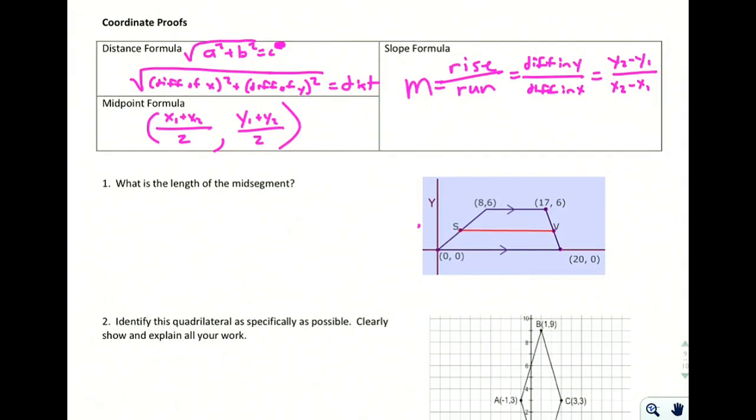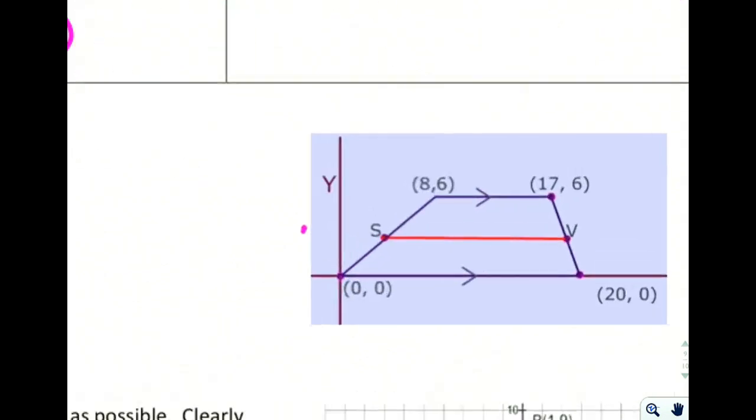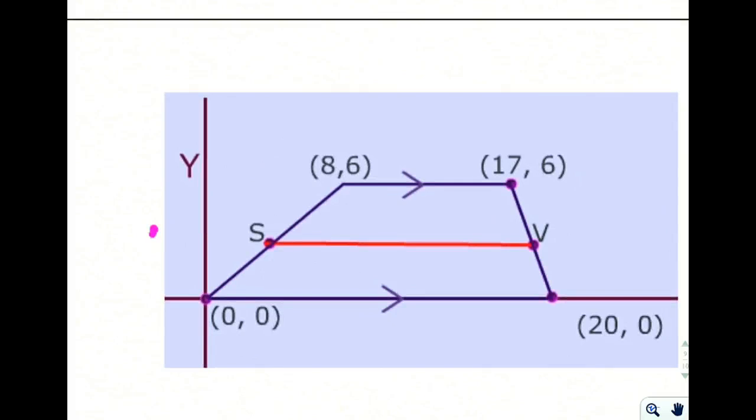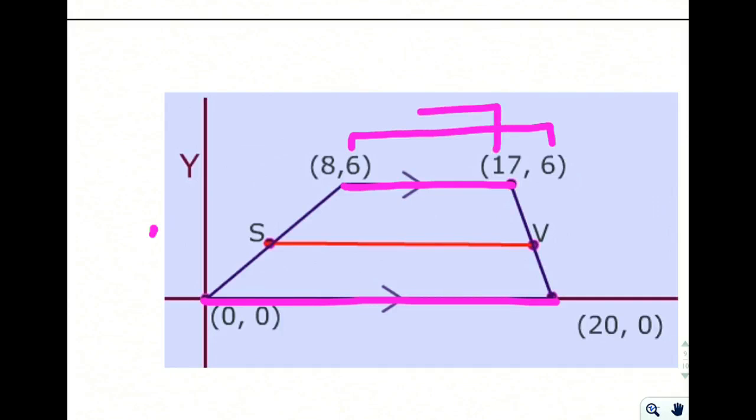So in this first example, it says, what is the length of the mid-segment? Well, the length of the mid-segment is going to be the average of the lengths of the bottom and the top. We can see here that our y value never changes, our height never changes. That means we can take a little shortcut and just subtract those two values.